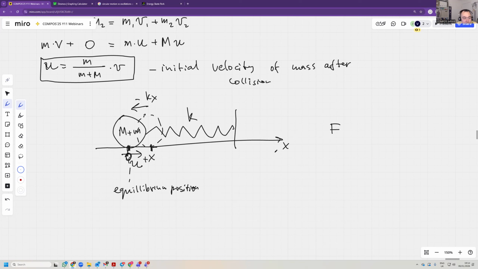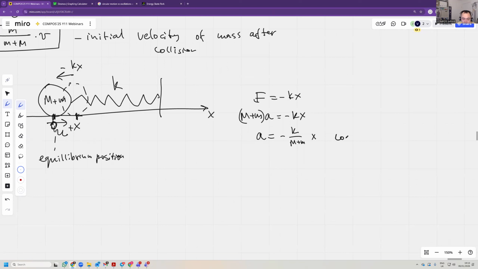So the force in the spring is minus kx, and force is mass times acceleration. Well, in this case, it's M plus m times acceleration, equal to minus kx. And acceleration is minus k over M plus m, times x.